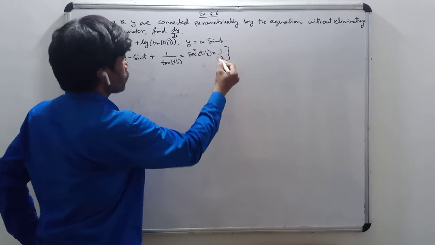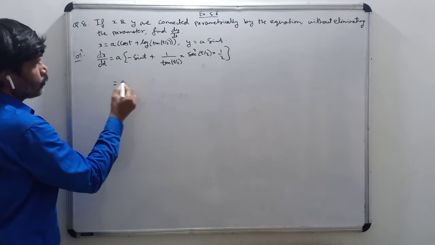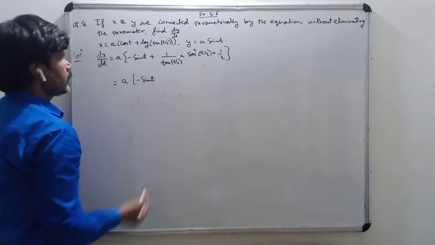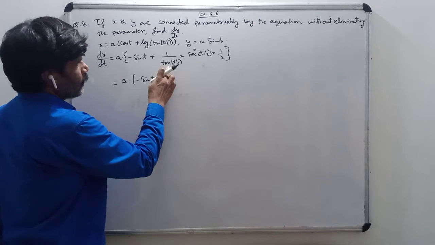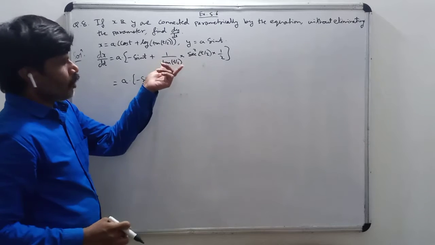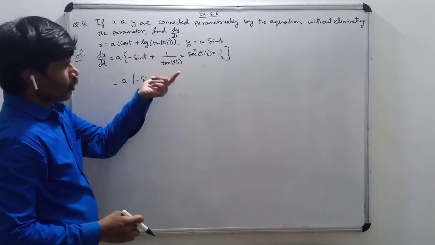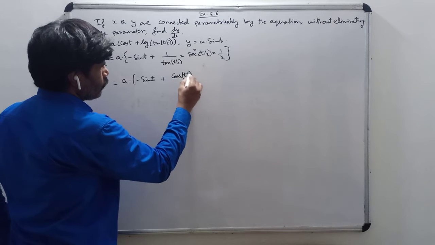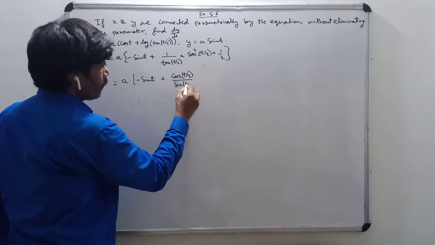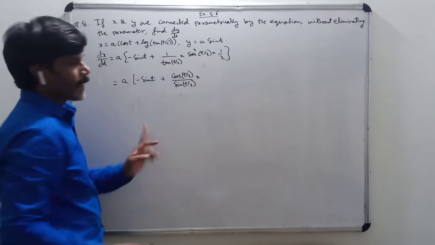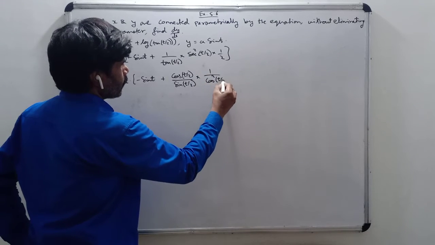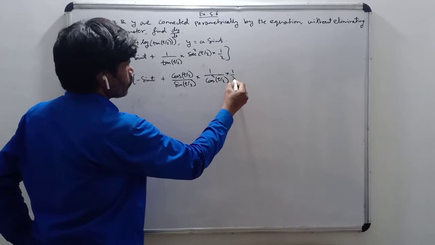1 by 2. So that is equal to a, keeping minus sin t as it is, plus 1 upon tan t by 2, which means cot t by 2, and cot t by 2 means cos t by 2 upon sin t by 2. So this will be cos t by 2 upon sin t by 2 into sec square t by 2, which means 1 upon cos square t by 2, into 1 by 2.